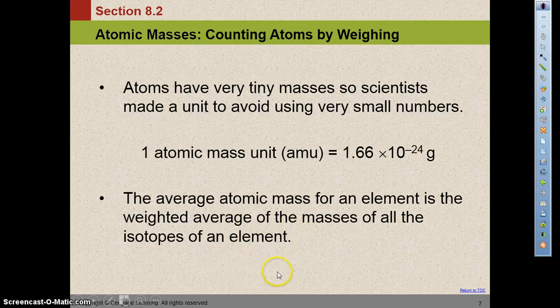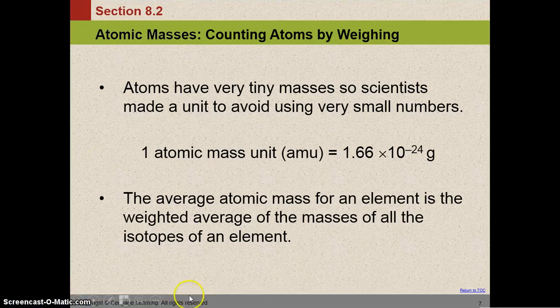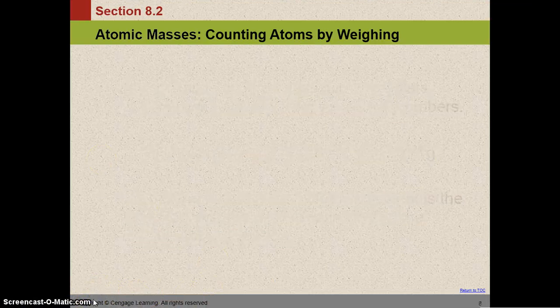We talked about this in a previous chapter, that's why we have a decimal point after the masses. They're average masses because all of the elements on the periodic chart have the same number of protons and electrons for a particular atom, but different numbers of neutrons, leading to isotopes. So it's just something that we're going to bring back from a previous chapter.